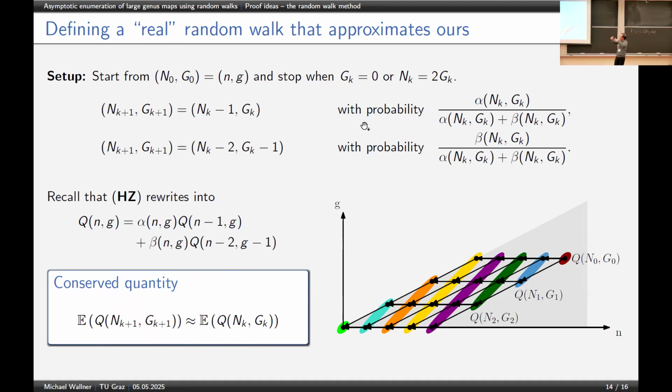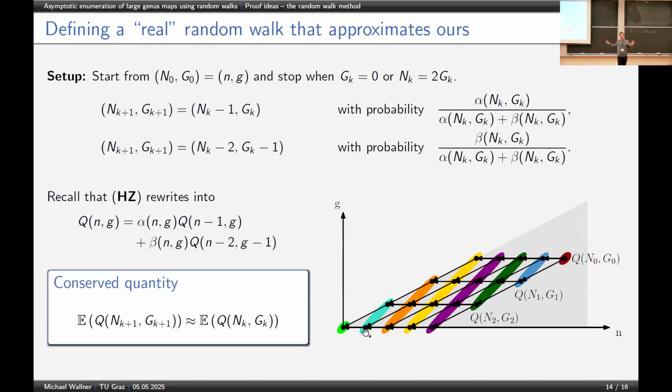I want to couple the random walk with the Q I want to prove, with the Q coming from this recurrence. The expectation of my Q after one step is more or less the same, meaning the expectation here is the same as in this bubble, and in this bubble it's the same as in this bubble. So basically from the beginning it's the same until the very end.